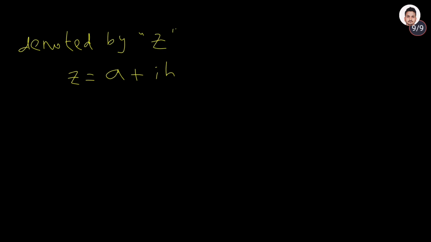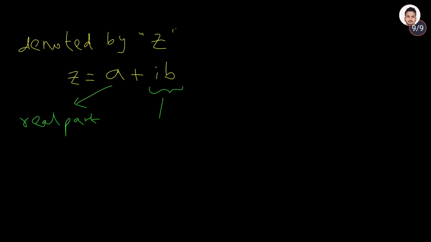How do we denote a complex number? It is denoted by the letter Z. So Z is a plus ib. I will explain the terms. a is the real part.